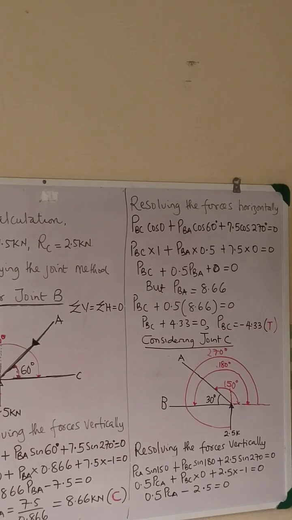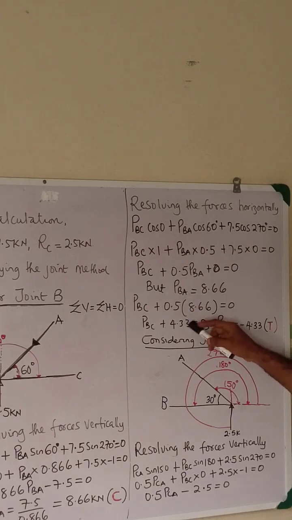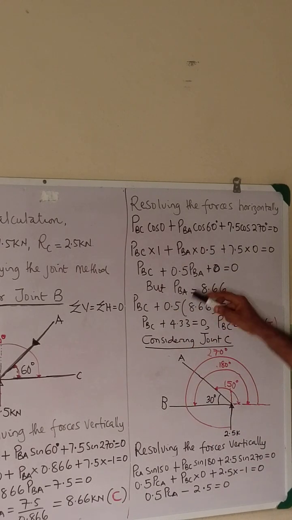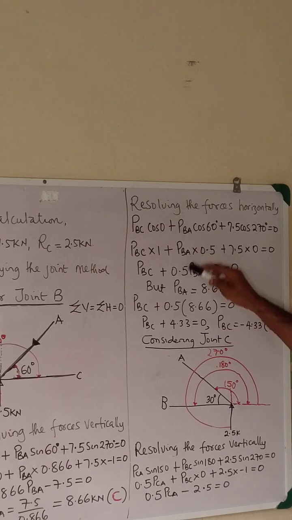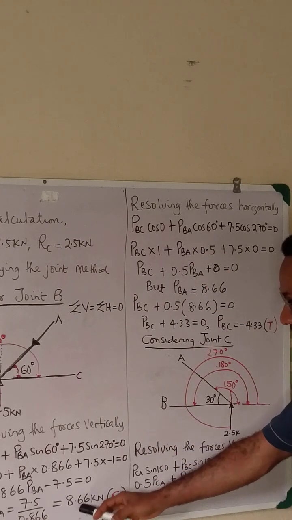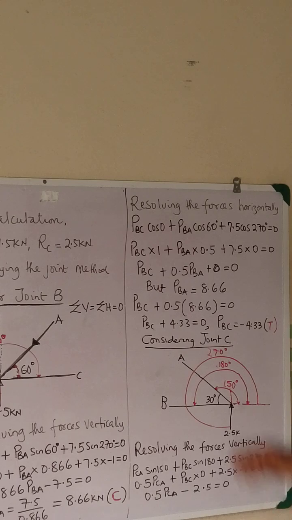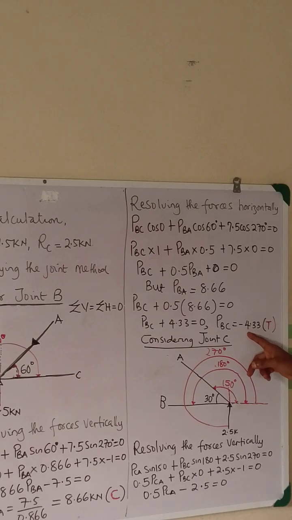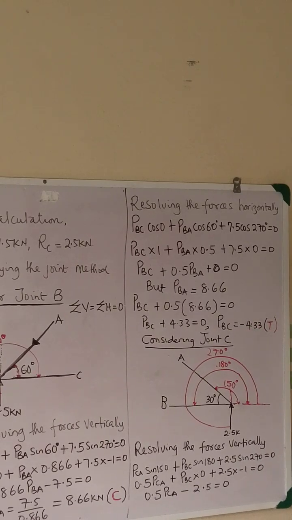Recall that our PBA is this value, so we bring it in here, and so we have PBC plus 0.5 into 8.66, because our PBA we've calculated and we had this value. And so when we do the mathematics, we end up having PBC equal to minus 4.33.